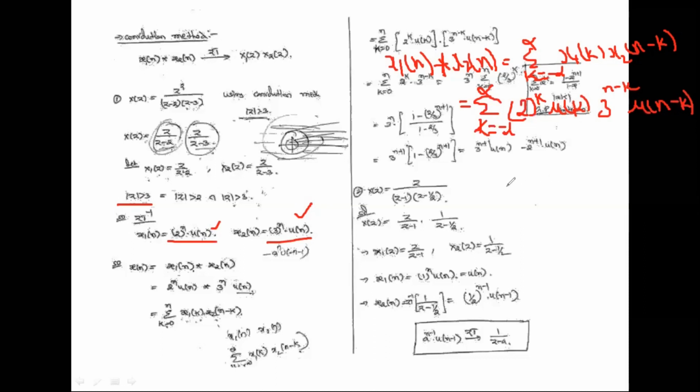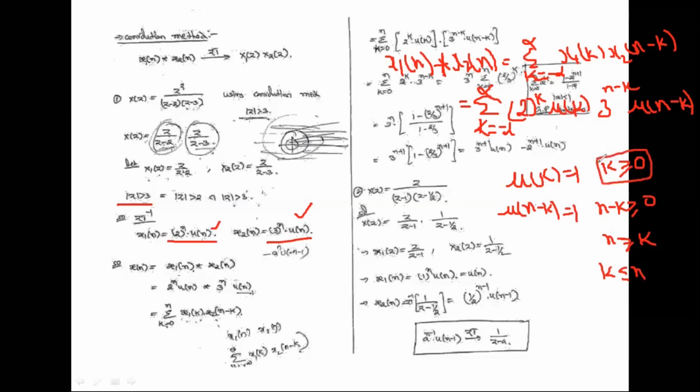What does it matter to? We know mu of k is equal to 1 for k greater than or equal to 0, and mu of n minus k is also 1 for n minus k greater than or equal to 0, that is n is greater than or equal to k, or k is less than or equal to n.